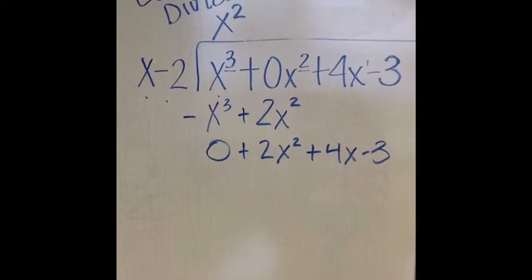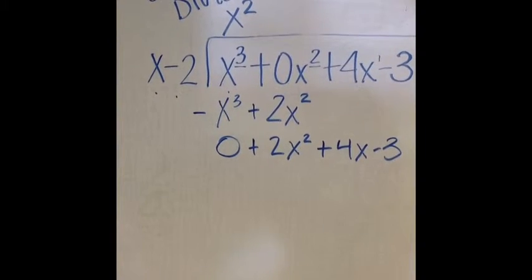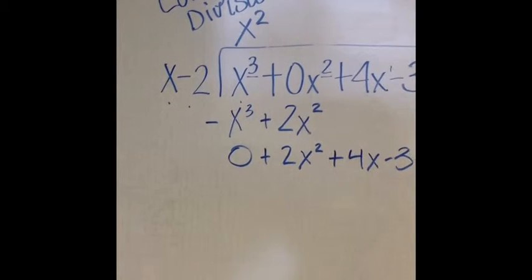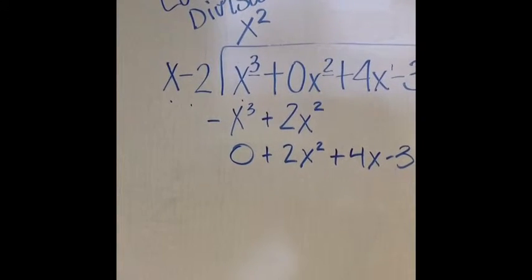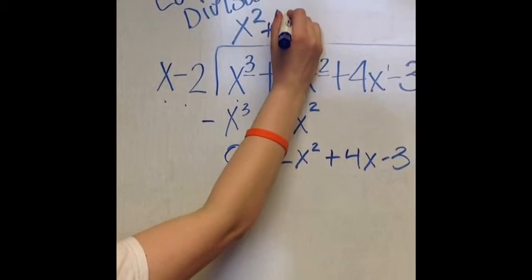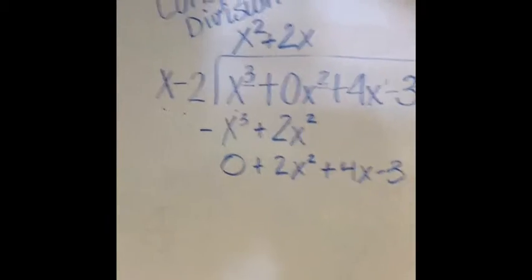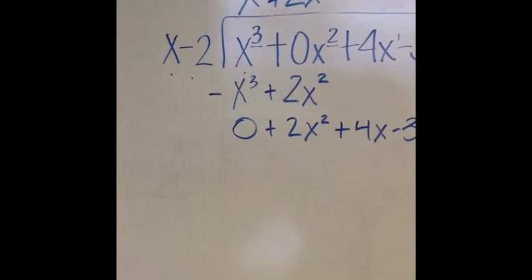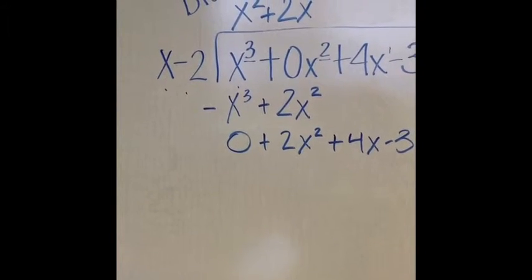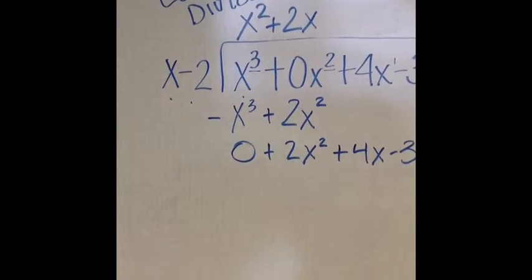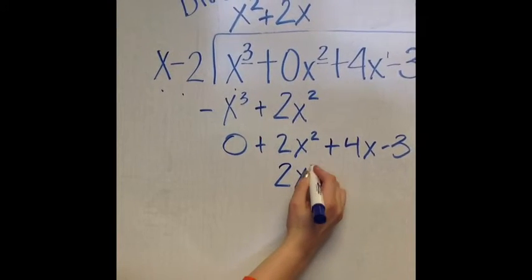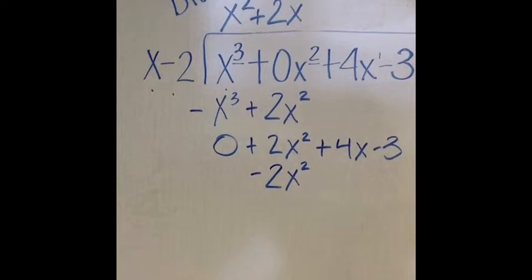The next step then would be, how many times does x go into 2x squared? And that would be 2x. So up on the top you have plus 2x. First of all you would times the 2x times x, which would give you 2x squared, and you subtract that because you're changing your sign.